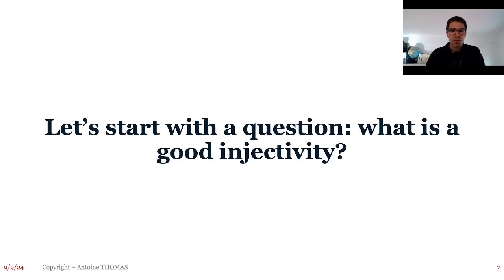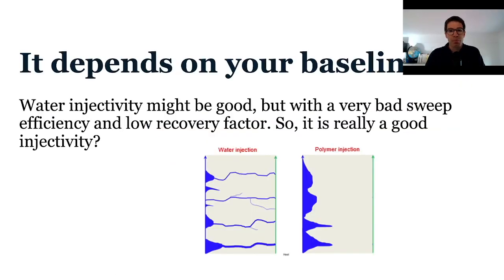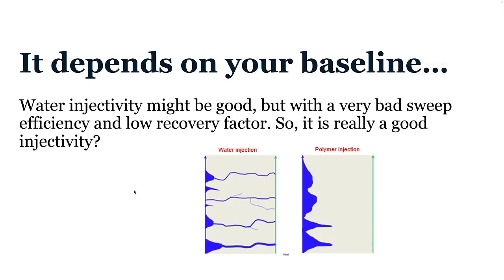So let's start with a very simple question, which is also very important: what is a good injectivity? Because in a lot of cases, the well or the wells are taking a lot of water, but with a very poor sweep efficiency. So when you look, for instance, at this slide, you have water injection and you have created fingers, especially in horizontal wells with heavy oil.